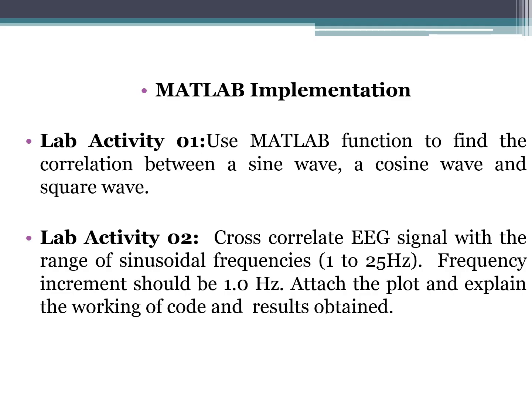We will cross-correlate this EEG signal with a range of sine waves having frequencies between 1 to 25 Hz. Frequency increment will be 1 Hz. The aim of this lab activity is to find to which frequency, or to which signal, the EEG shows maximum cross correlation.